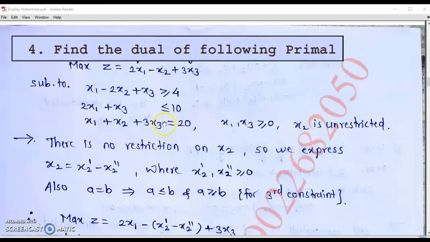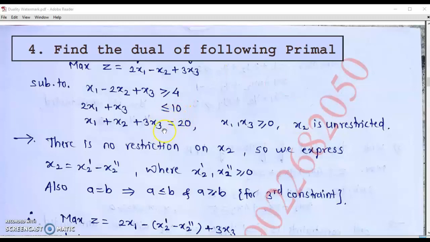It means if the third constraint is of equation type, then the third variable will be unrestricted in the dual. Similarly here, the observation must be that x2 is unrestricted. It means in the result, the second constraint will be of equality type.